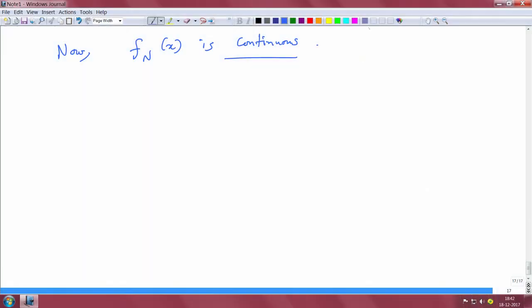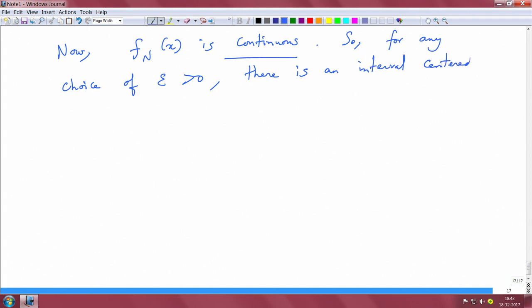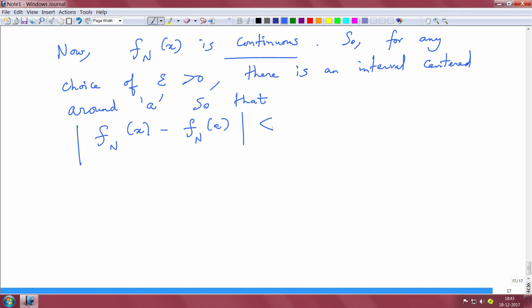Now this is continuous, so for any choice of epsilon greater than 0, there is an interval centered around the point A so that the absolute value of f suffix capital N of x minus f suffix capital N of A is less than epsilon upon 3 whenever x belongs to that interval.